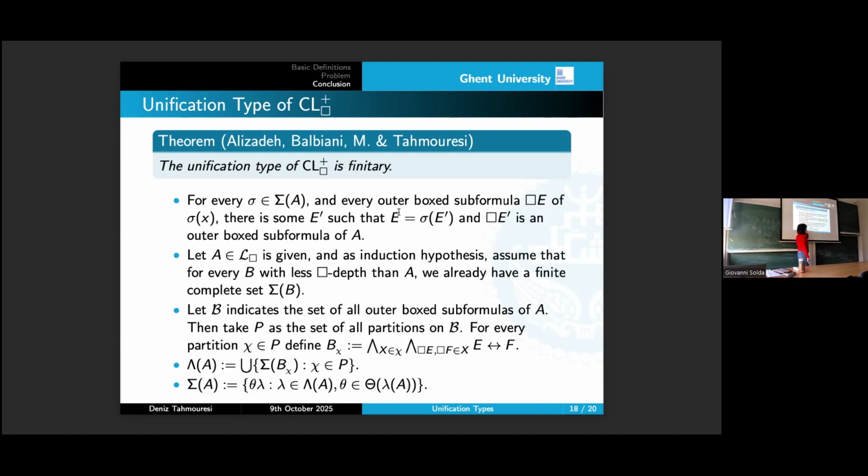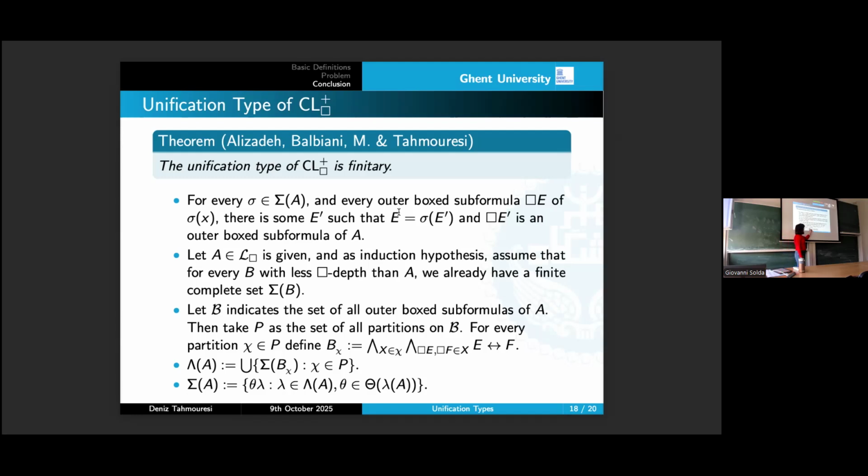Since we do this for all the partitions, we have so many box formulas like this, and since they have less depth than A at the first, we can compute their complete set of unifiers.